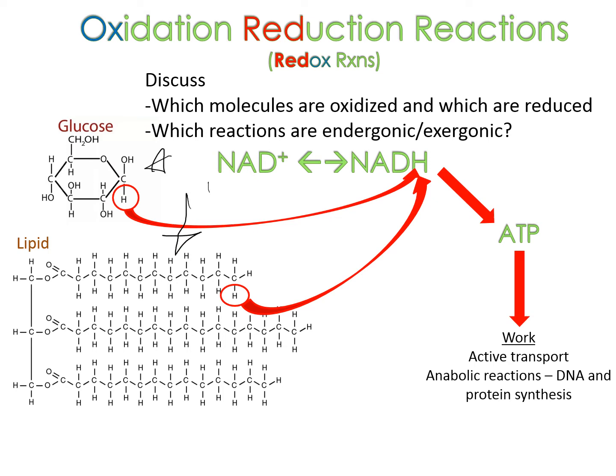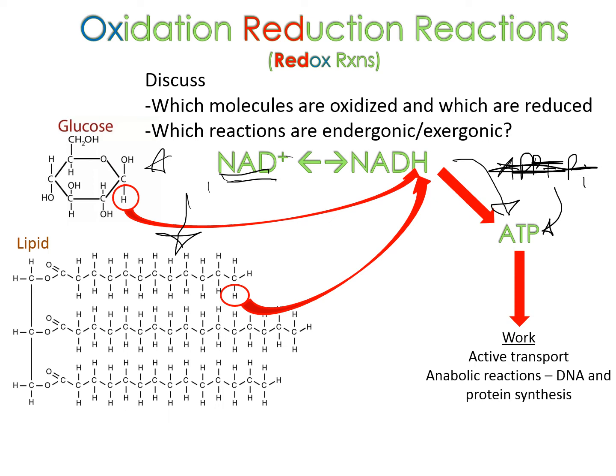Glucose and fats, or the lipids, those were oxidized. NAD was reduced. ATP, this is a little bit more chemistry. ADP plus inorganic phosphate was reduced to become ATP, but that's a little more chemistry than we need, so don't worry about it if that's confusing. Which reactions are endergonic, which are exergonic?